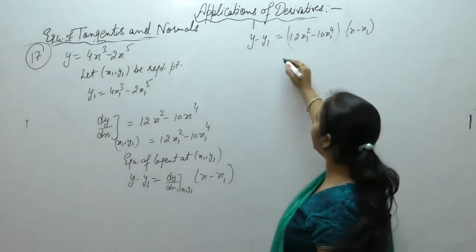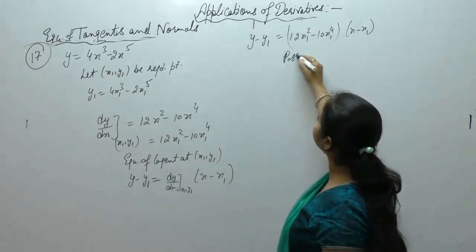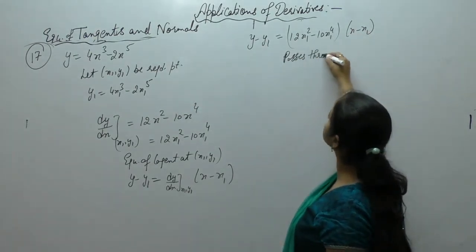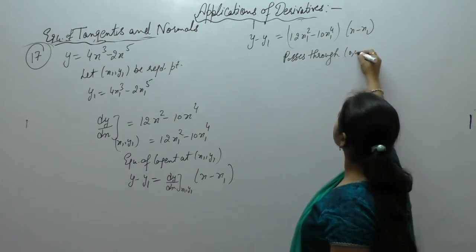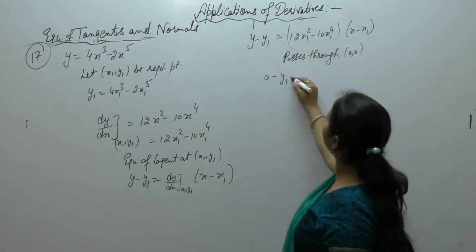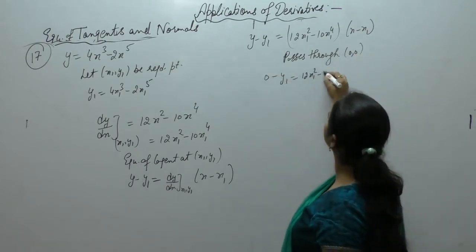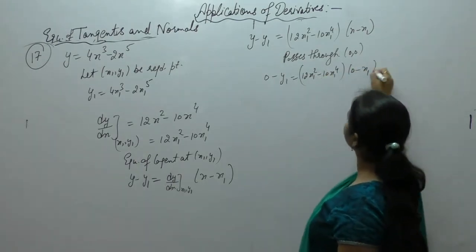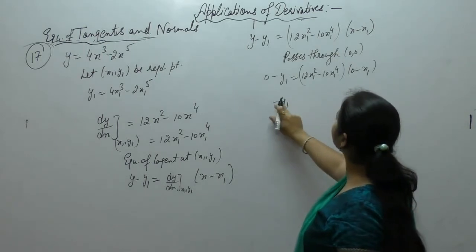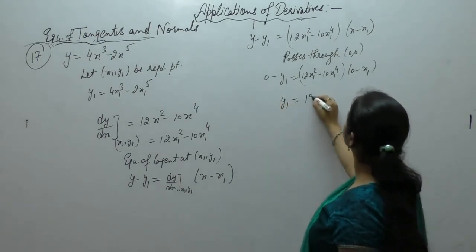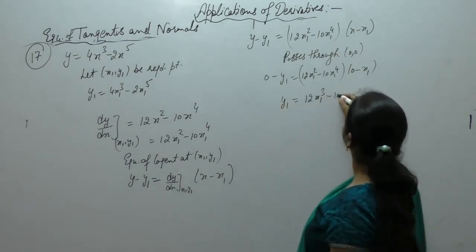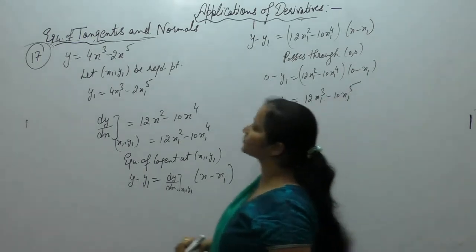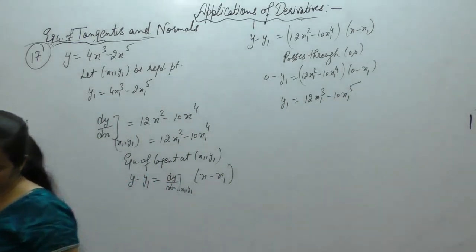Now it is given that equation of tangent passes through origin, y is 0 and x is also 0. So what we get? Minus y1, minus minus will get cancelled. 12x1 cube minus 10x1 power 5. यही आया हमारे पास.